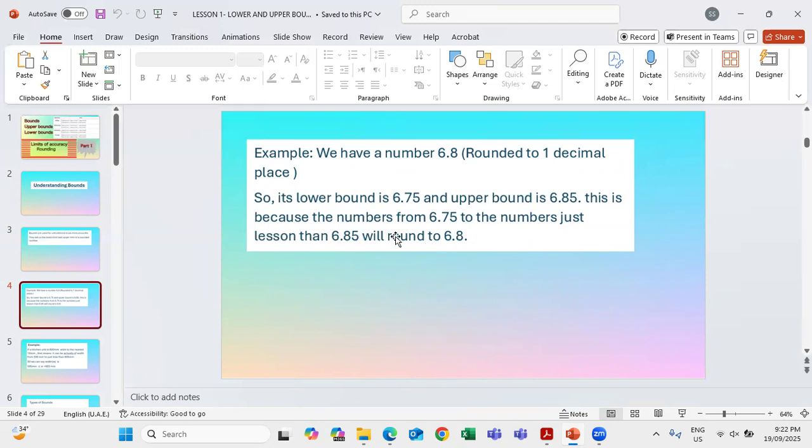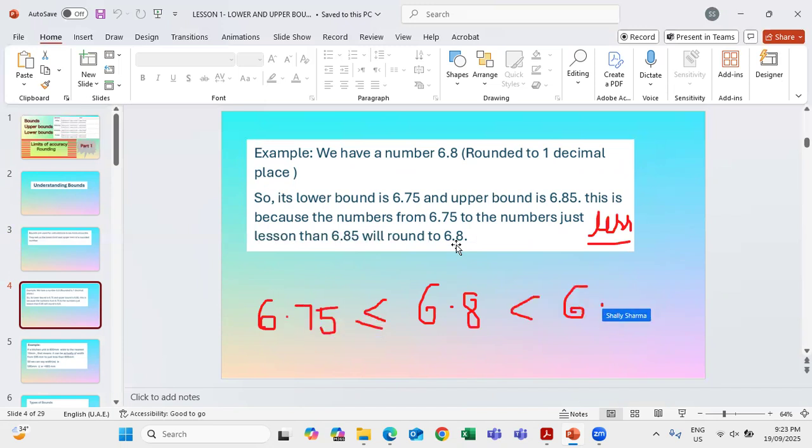And if you take any number which is just less than 6.85, that will also be rounded to 6.8. You may have learned this already: 6.8 is the value, which numbers will round to this one? The minimum is 6.75 and the maximum will be 6.85.